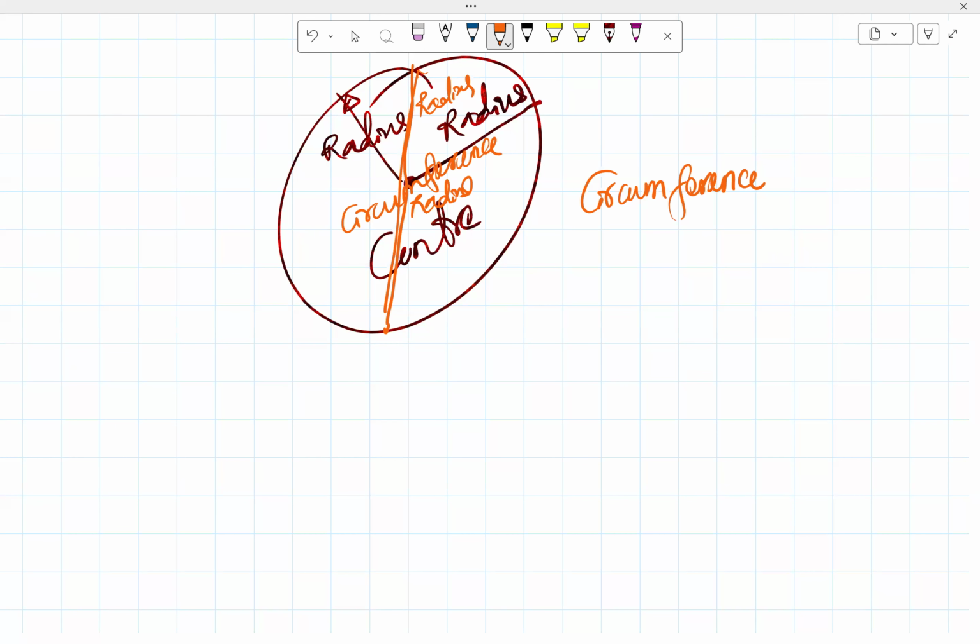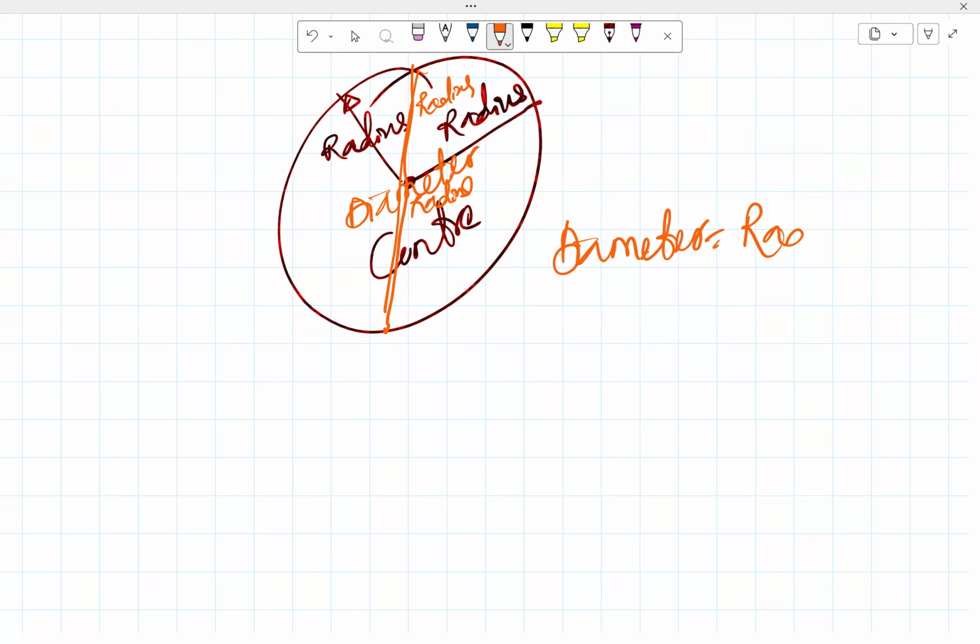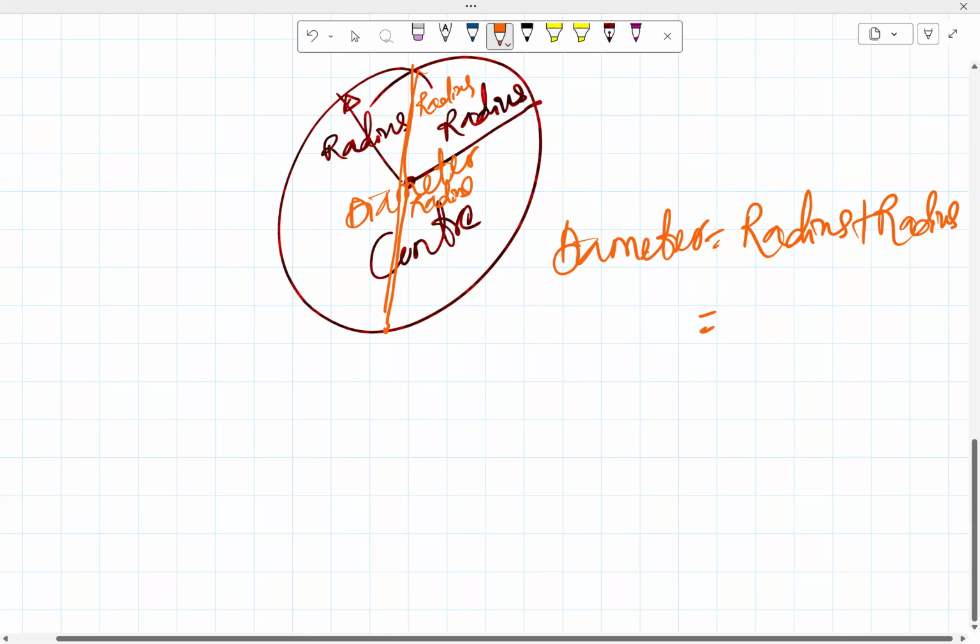Sorry, not circumference, diameter. So you can already see that the diameter is double the radius: diameter is radius plus radius.